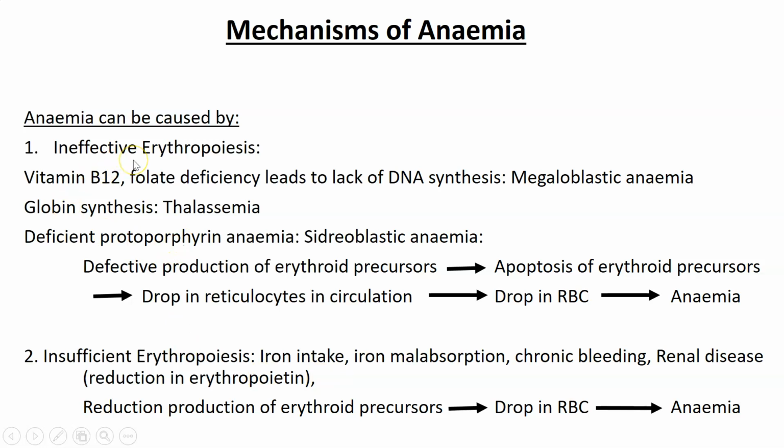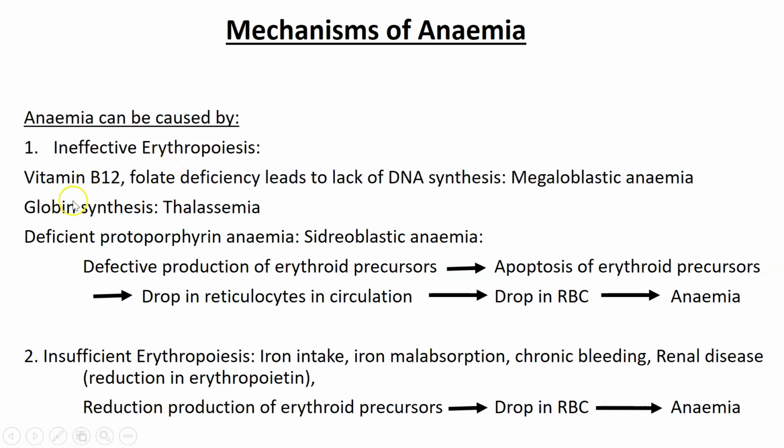So ineffective erythropoiesis: if you're lacking vitamin B12 or folic acid, both of these are essential for DNA synthesis. We'll talk about DNA synthesis and the relationship to vitamin B12 in a few minutes. But that leads to megaloblastic anemia, where the red blood cells look really big, but there's not enough red blood cells, so the red blood cell count has dropped.